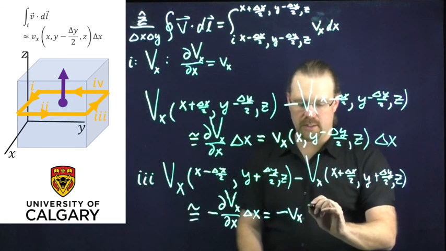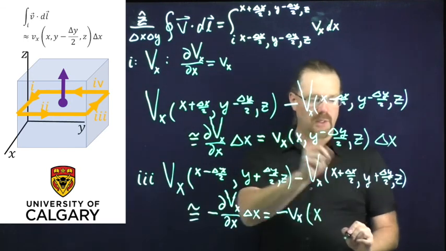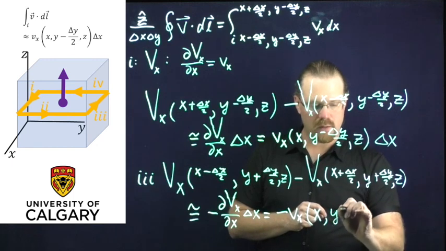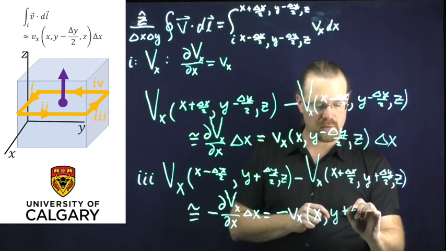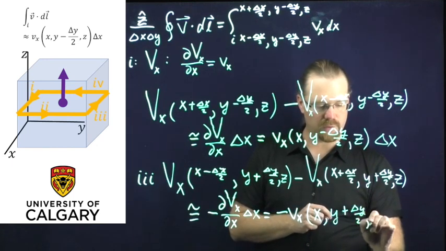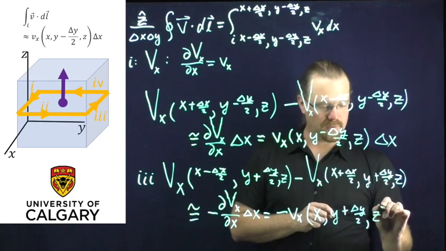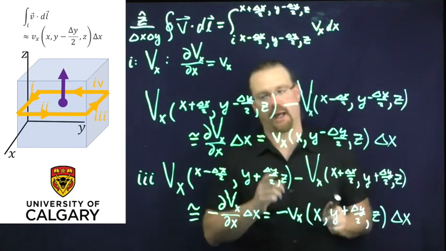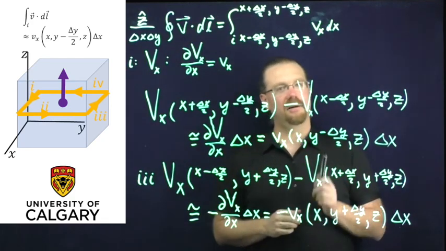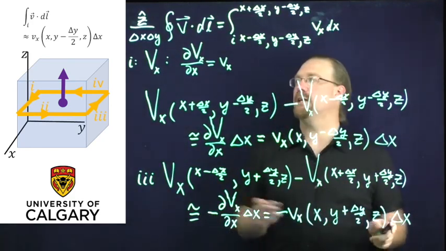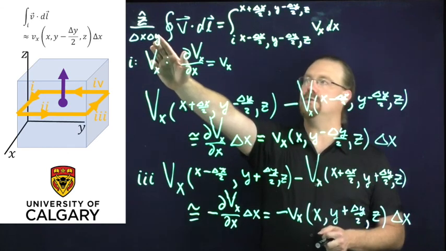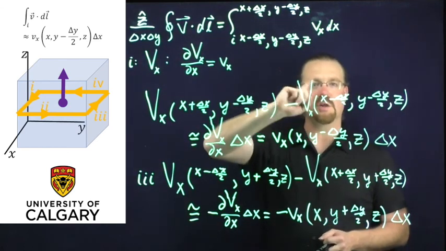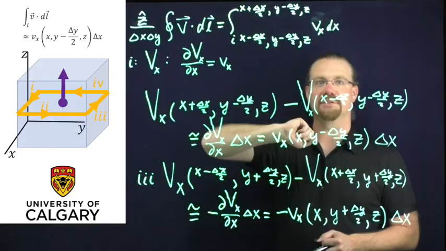And here it's going to be slightly different. It's still going to be the x, but now we've got the y plus delta y over 2, z, and of course we pick up that delta x that we had before. Keep in mind we got this delta x here, we got this delta x here, and we've also got this delta y, which is going to be useful in just a moment.